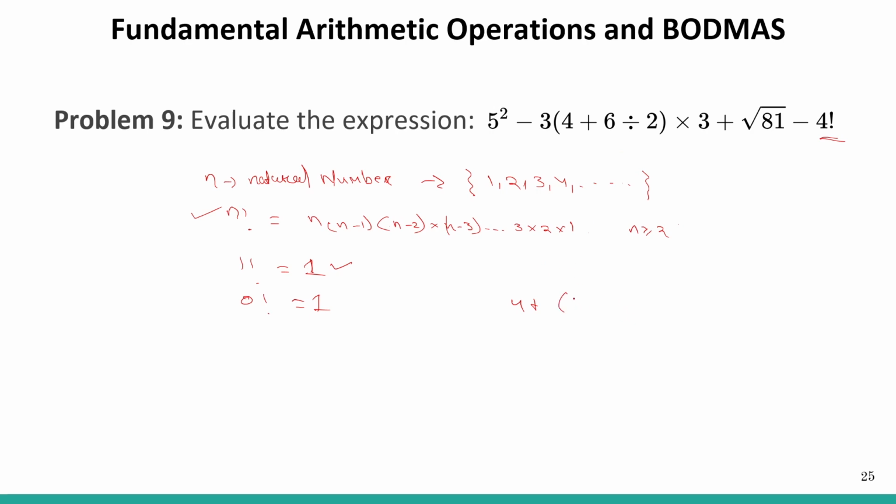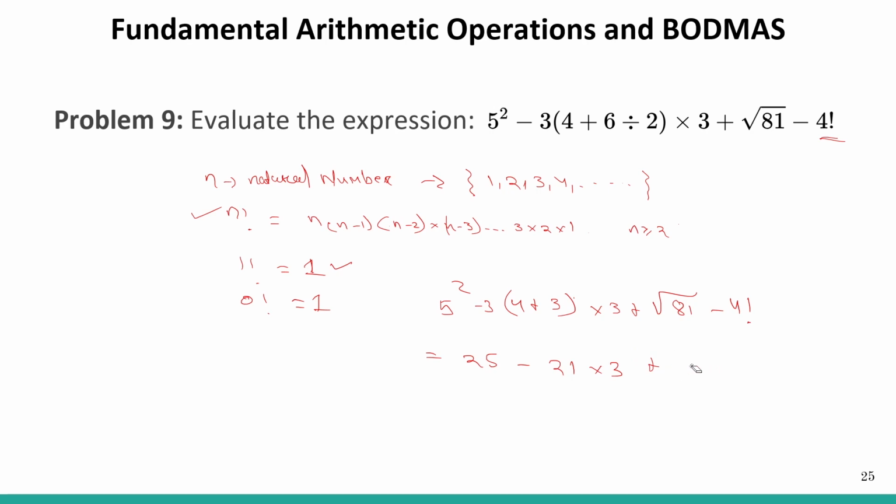So 4 plus 3 is 7, giving 5 square minus 3 into 7 into 3 plus square root of 81 minus 4 factorial. So this is equal to 25 minus 3 into 7, which is 21, into 3, plus square root of 81.